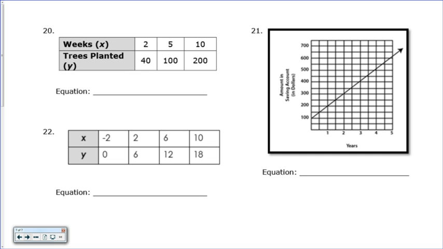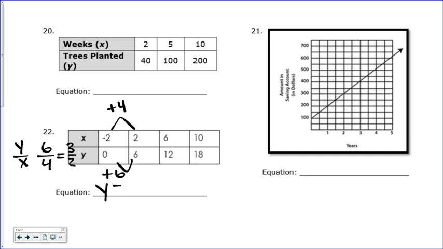First, you need to be able to identify the slope, or the change in y over change in x. So our change in y is a +6. Our change in x is a +4. So y over x is 6 over 4, which simplifies to 3 over 2. So our slope is 3 over 2.